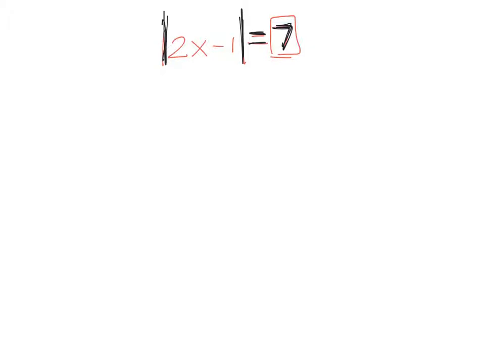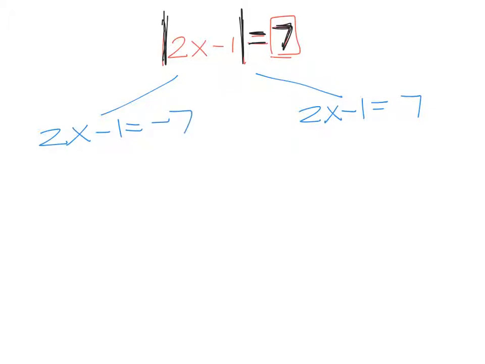Once you've verified you have an answer, you need to break it out of jail. So you write your 2x minus 1 2 times. Once equal to the positive 7, once equal to the negative 7. And then once you have it written down twice, you can solve. So for each one, to solve 2x minus 1 equals 7, we would need to add 1.